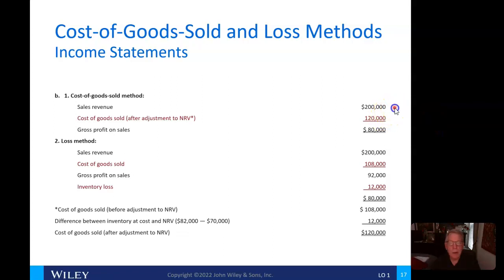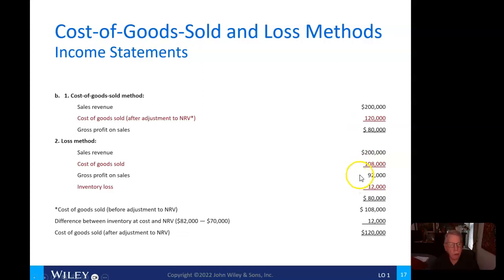Here's our sales revenue, cost of goods sold after we've adjusted it to net realizable value, and that gives us our gross profit. Now, under the loss method, we have 200,000. Our cost of goods sold is lower because we haven't increased it by $12,000 as we did here.